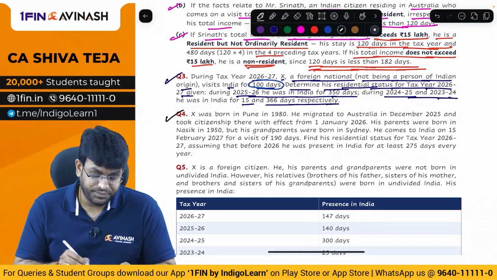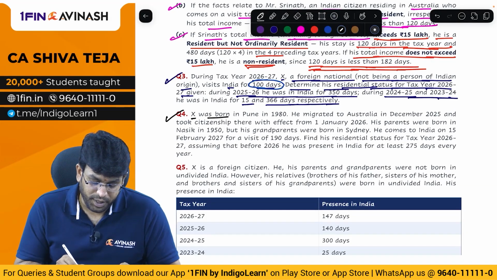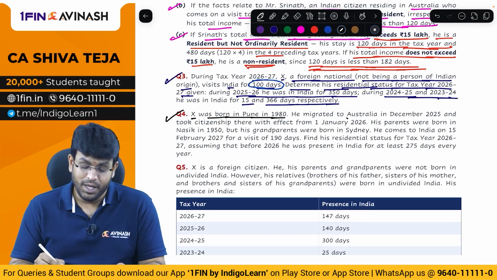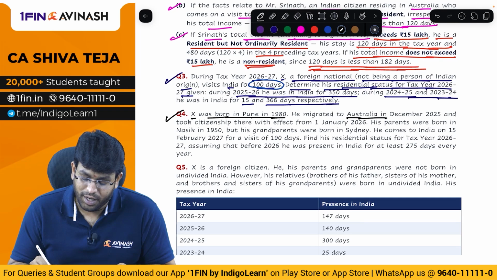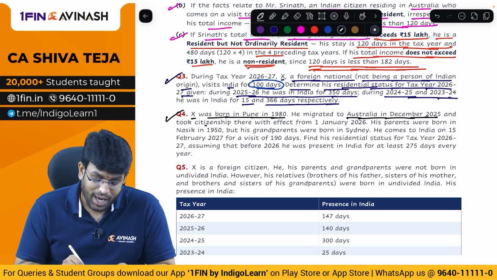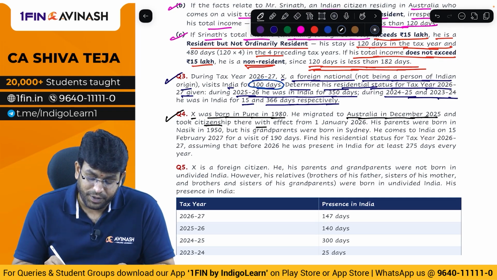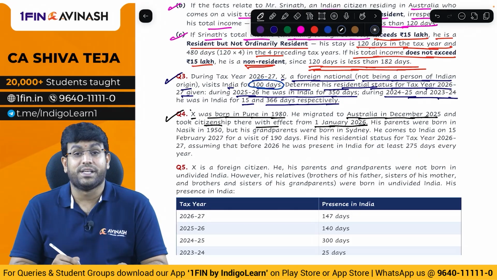Question number 4. X was born in Pune in 1980. He migrated to Australia in December 2025 and took citizenship with effect from 1st January 2026.